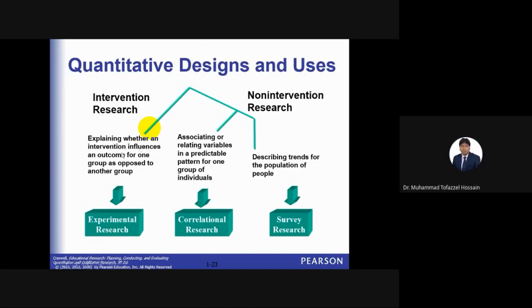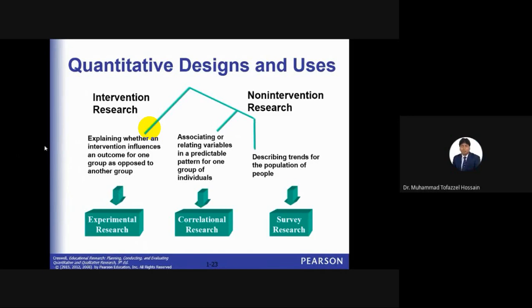So how can you explain whether an intervention influences an outcome for one group as opposed to another group? It means in that case you have to do the experiment. Who is performing better, male or female? Then there may be a test. Who is more competent, male or female? Definitely we have to divide them into groups and then set some task.